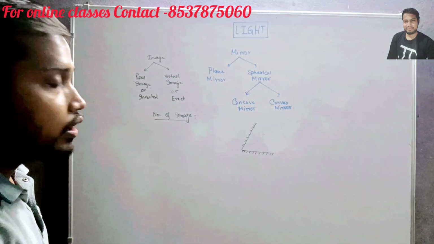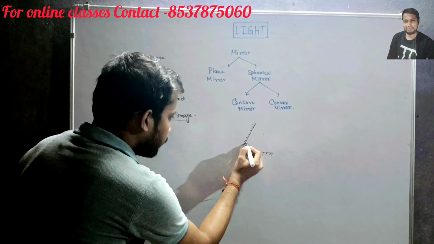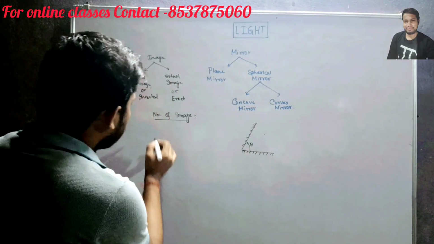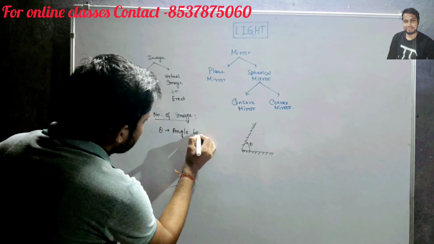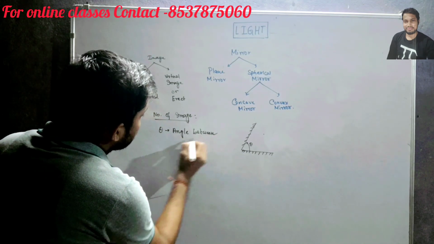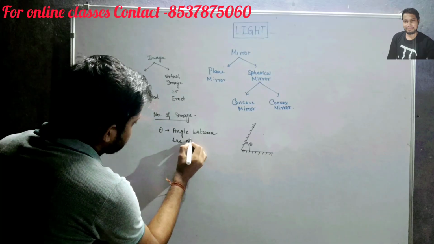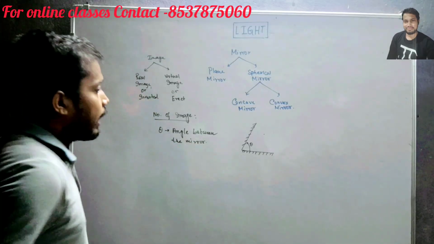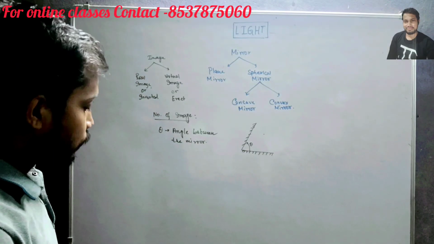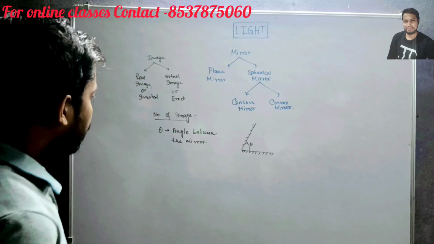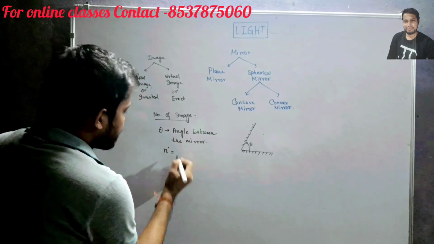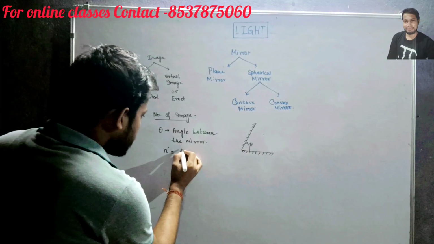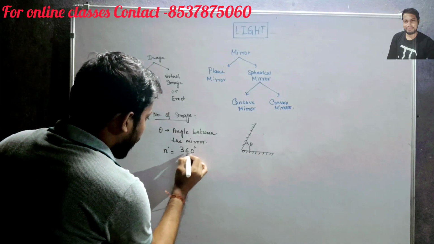It depends on the angle theta, which is the angle between the mirrors. First of all, we have to find, let's say, n dash. The formula is n dash equals 360 degrees by theta.